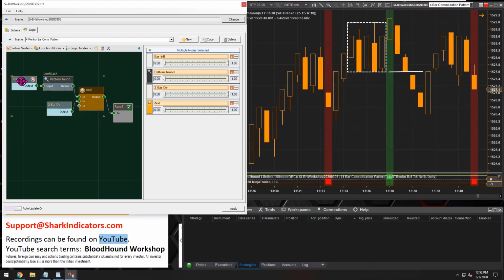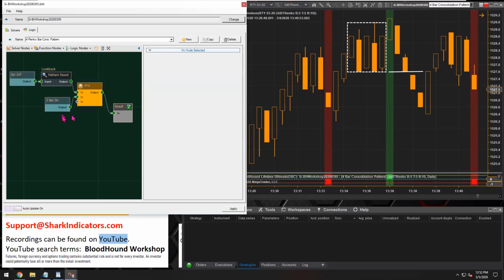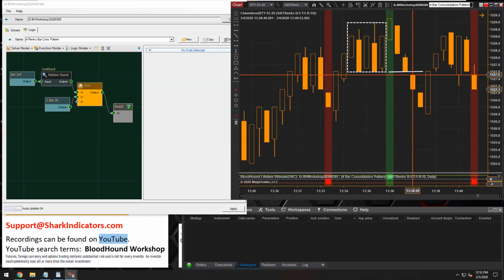And then we could basically take your pattern signal and extend it forward for a couple of bars, and then use a comparison solver, or actually I'd probably use a crossover solver here.